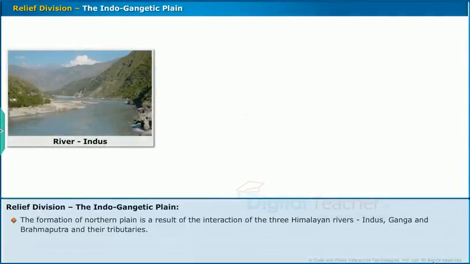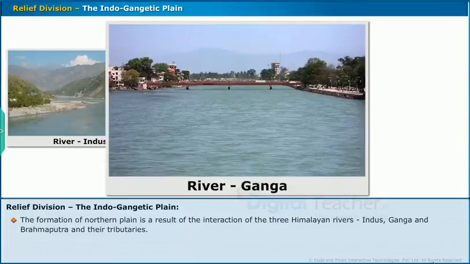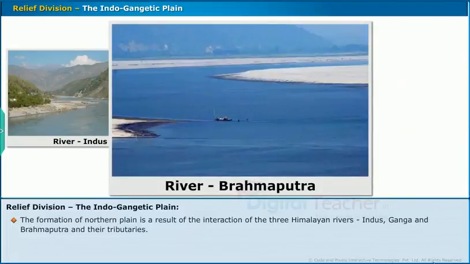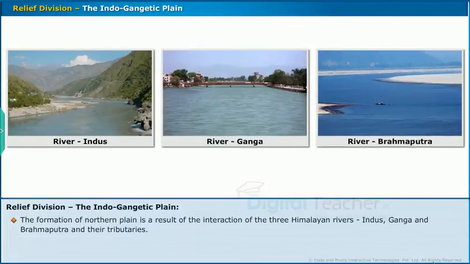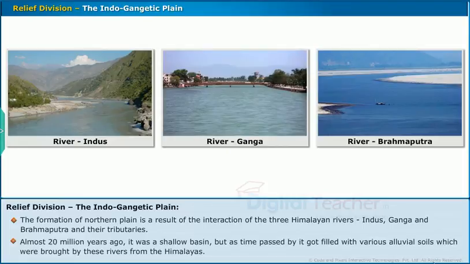The formation of the Northern Plain is a result of the interaction of the three Himalayan rivers Indus, Ganga and Brahmaputra and their tributaries. Almost 20 million years ago, it was a shallow basin, but as time passed by, it got filled with various alluvial soils which were brought by these rivers from the Himalayas.